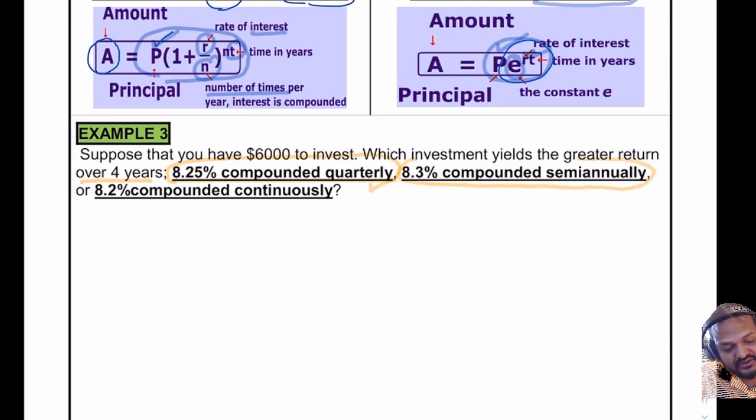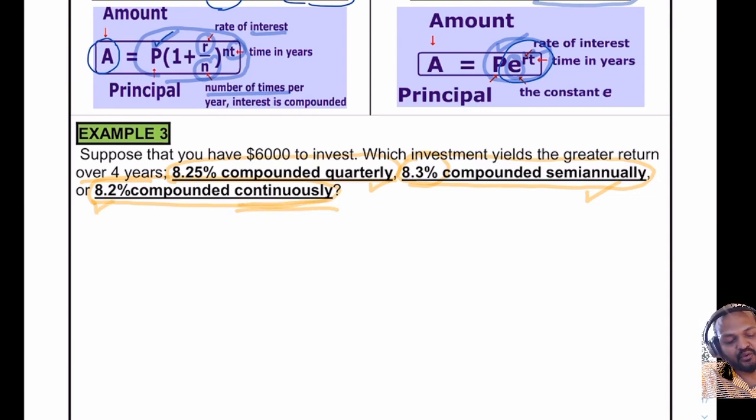The second is 8.3%, where the growth rate is higher, but it's compounded semi-annually. In the third case, which is 8.2% compounded continuously, you have a lower growth rate but compounded continuously.